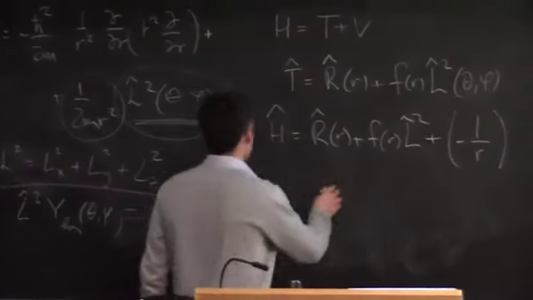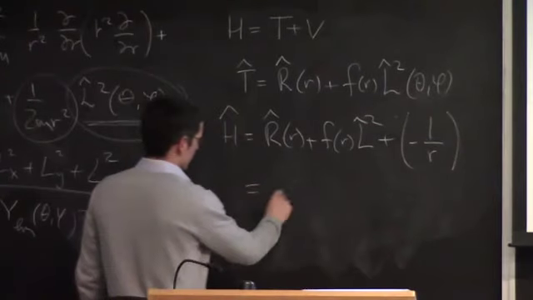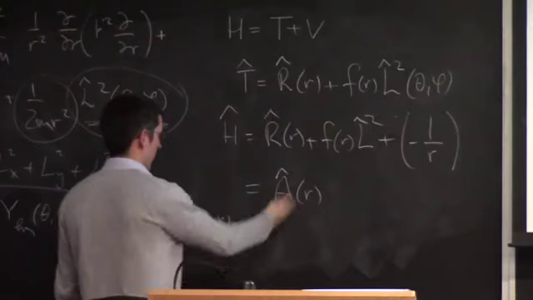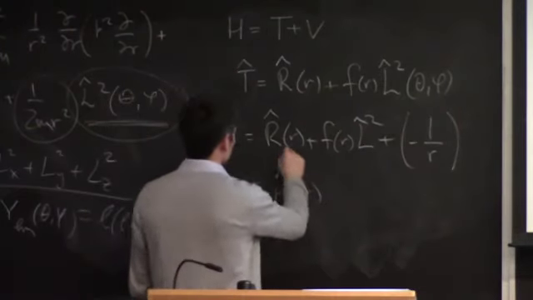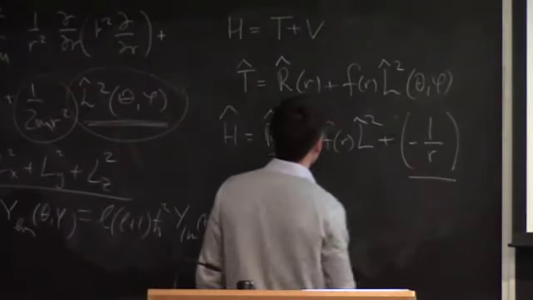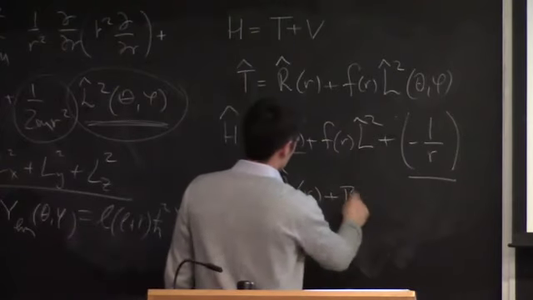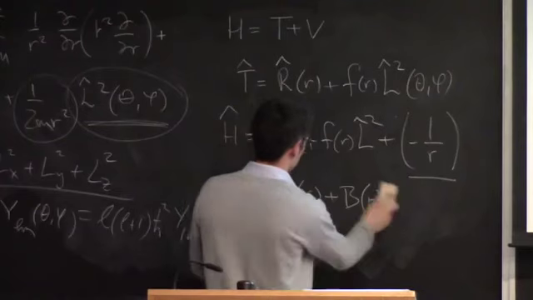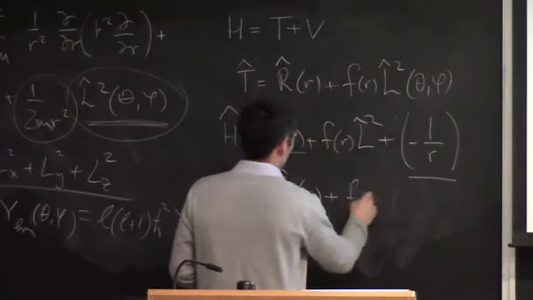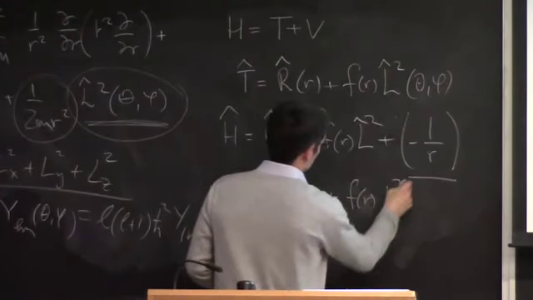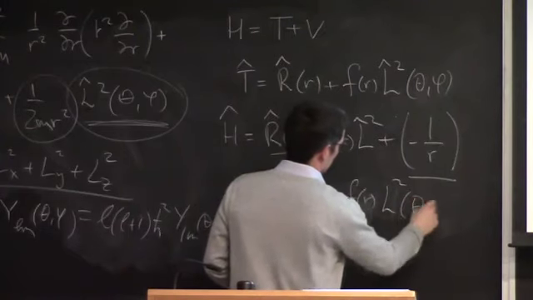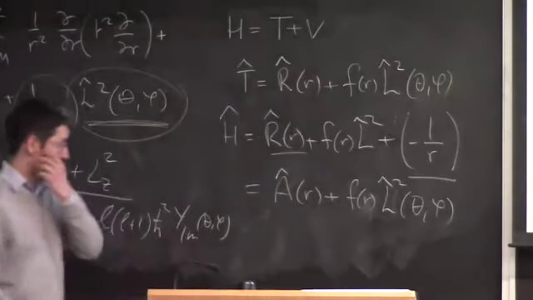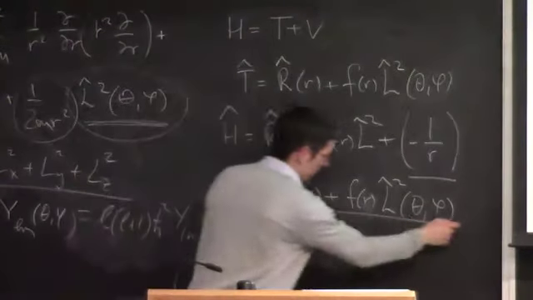So essentially we can say that the form is some operator, call it A, which combines this and this, plus some function, let's call it f of r, times L squared, which depends on theta and phi. Right? So does this look familiar?